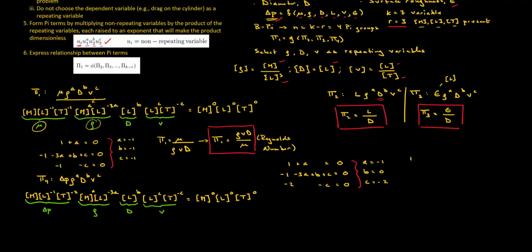Which tells us that pi 4, our dimensionless form of the pressure drop, is equal to delta p multiplied by the density to the -1, so that's 1 over the density, so we have rho, d to the power of 0, so the diameter to the power of 0, and the velocity squared.